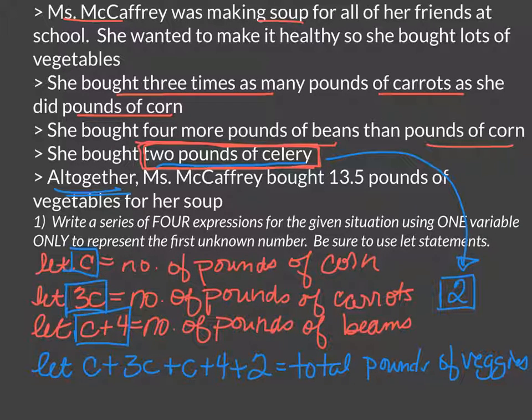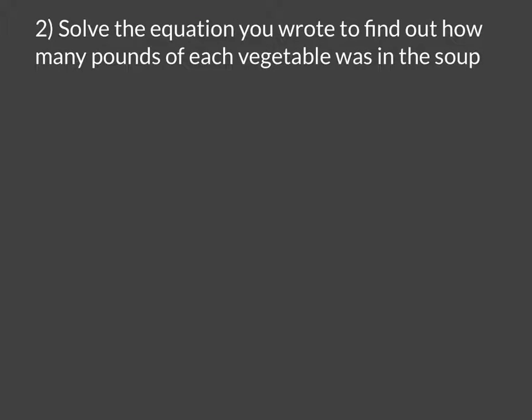Okay, so we've got all that. We've got our 4 expressions written using let statements. So next, I have to solve the equation I wrote to find out how many pounds of each vegetable was in the soup. I know my equation is going to have total equal to total. So the expression that I wrote is what I'm going to start with.